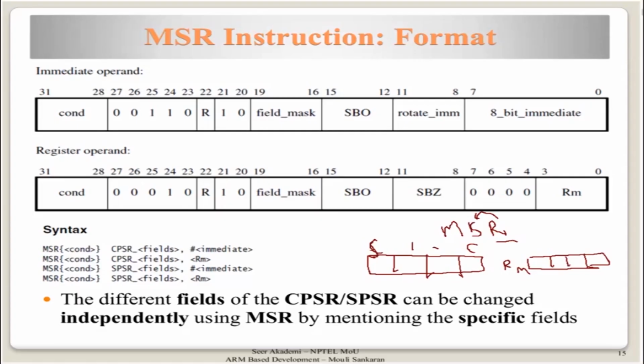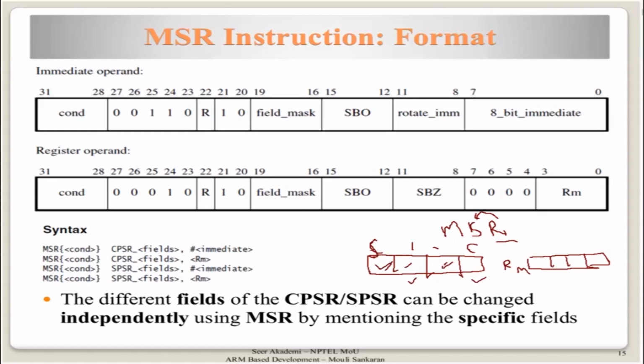You could even combine those fields into one instruction. Okay, I will explain that in the subsequent example. So you can change any one of them. You can choose, I am interested in changing this and this, or I am interested in changing only this and this.